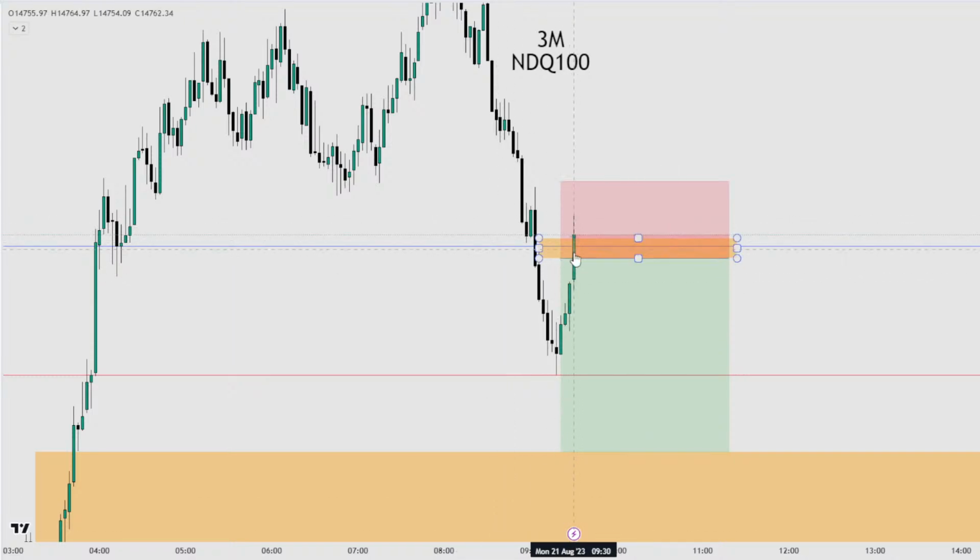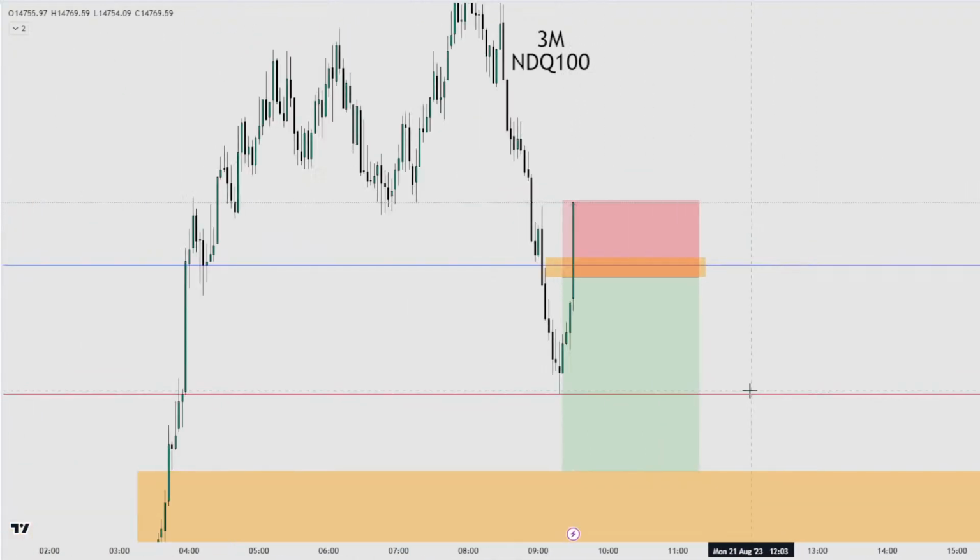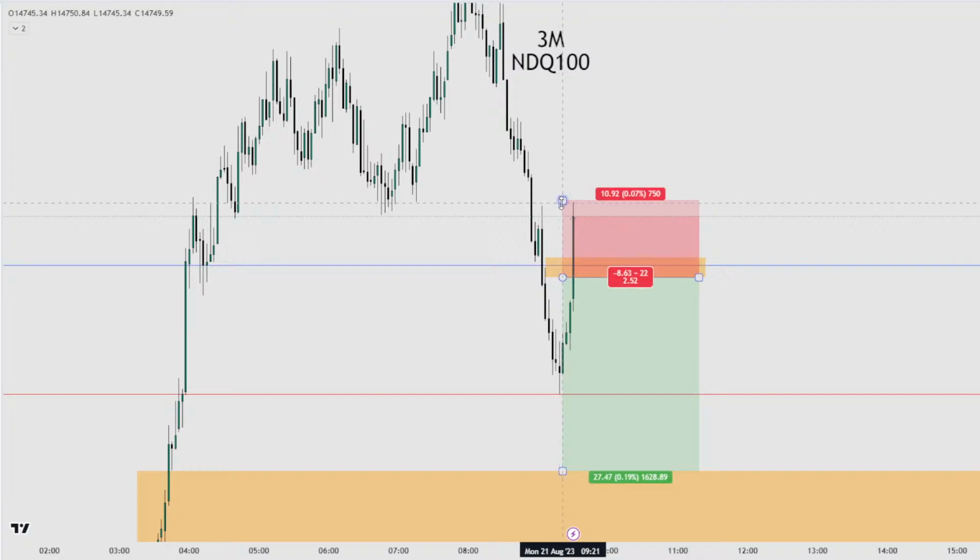Nasdaq, how much is it? It's 1.2. I'm not entering yet because it's 9:30, and entering right here would not be smart. I would get stopped out because of the spread right now.